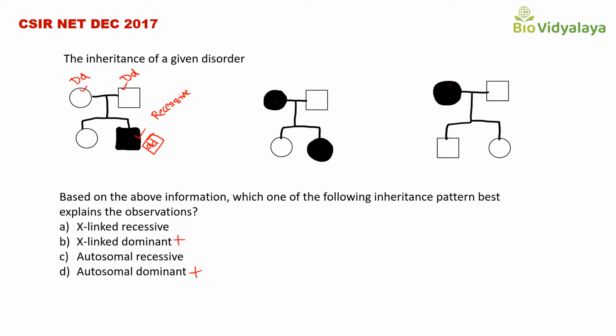Here you can see that this female is affected, mother is affected, isn't it? We know that in males, X and Y chromosome is present. In the case of a male offspring, the X chromosome is coming from his mother and the Y chromosome is coming from his father, isn't it?